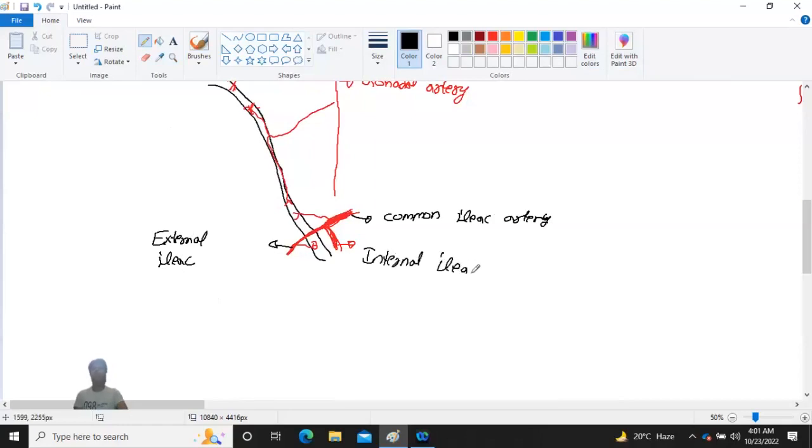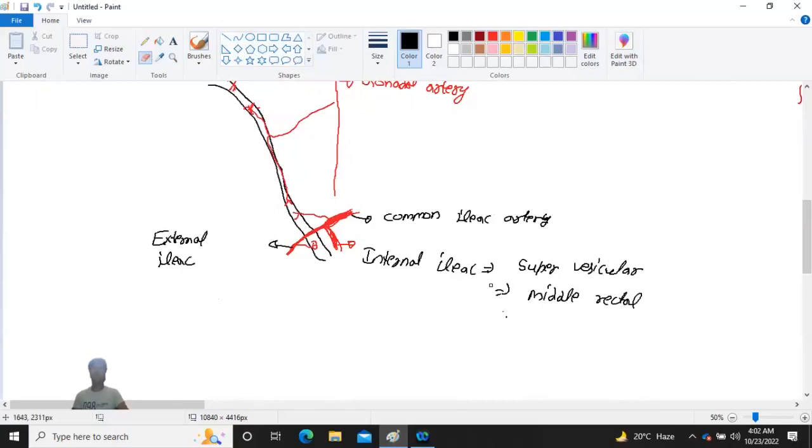Internal iliac has many arteries like superior vesical, middle rectal, and these give direct branches.